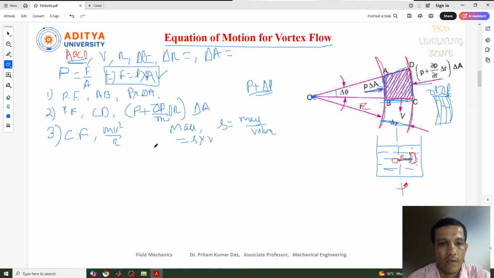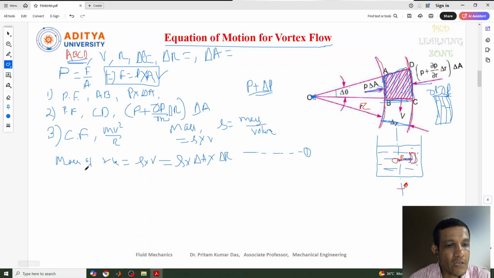The same thing I can write here: the mass of the fluid element equals mass density into volume. The volume of the element is the area delta A into the thickness, which is delta R. So mass equals rho into delta A into delta R. This we can call equation 1.